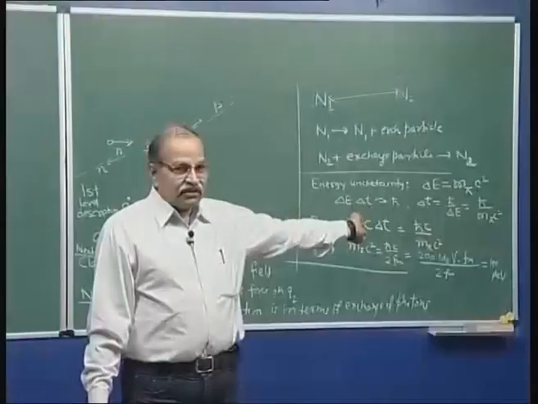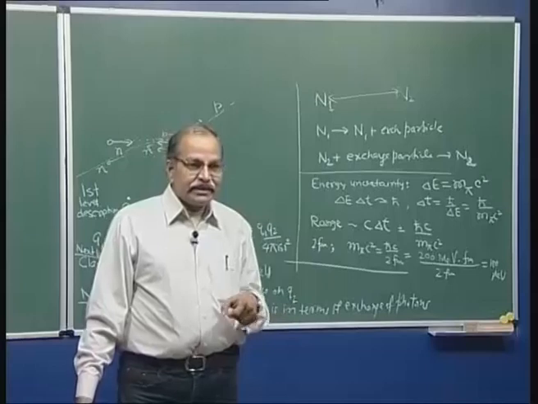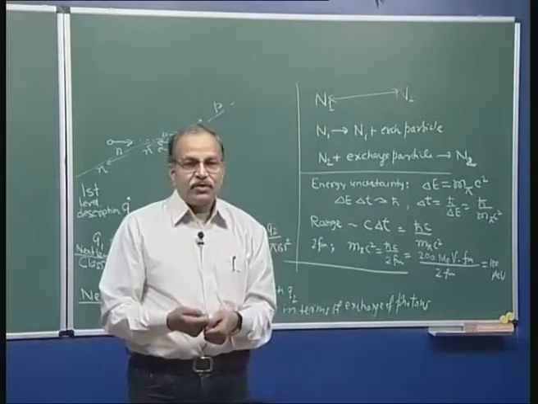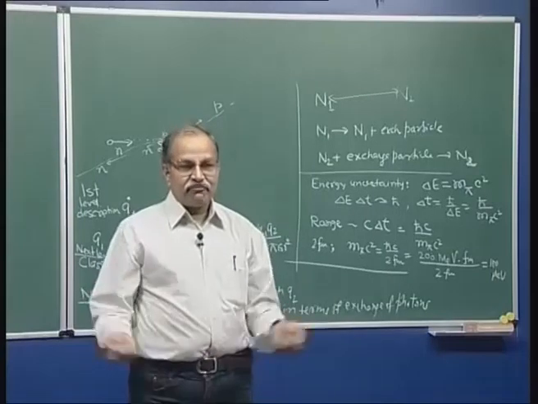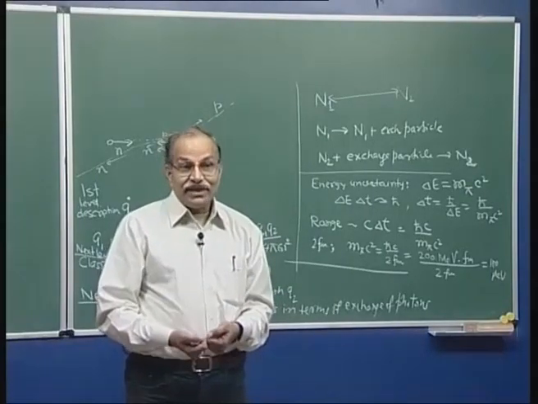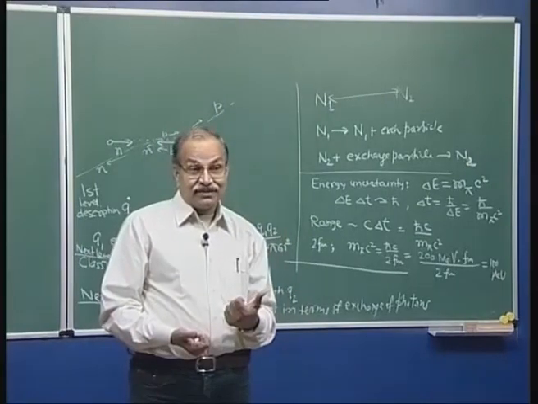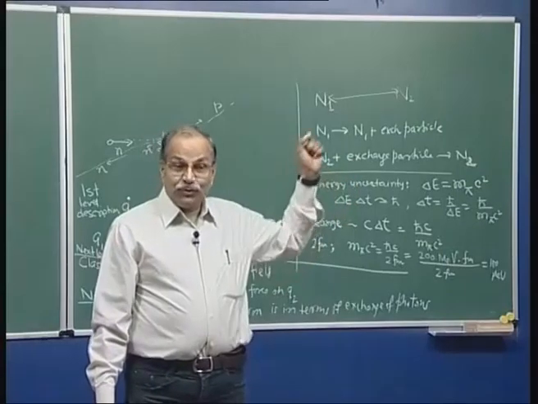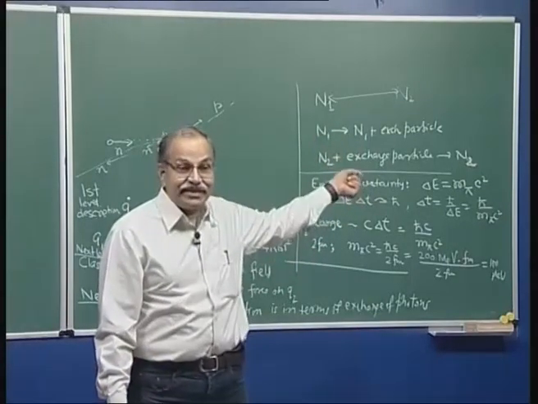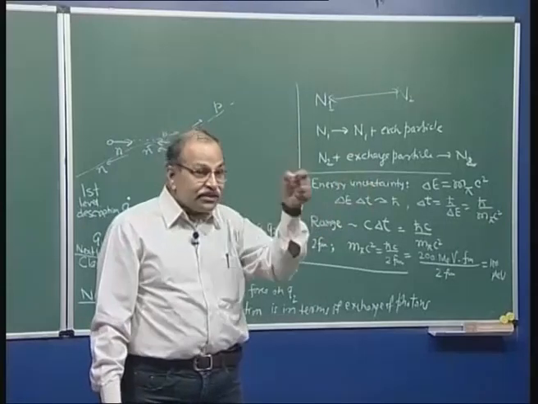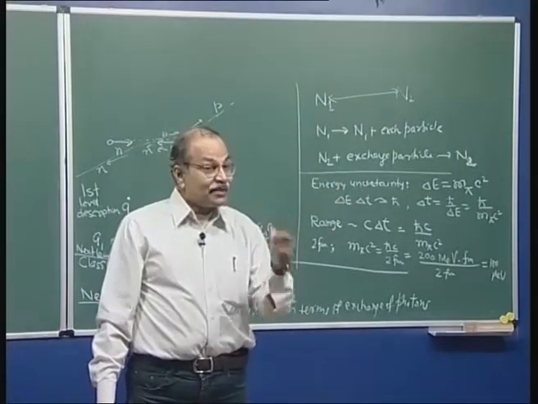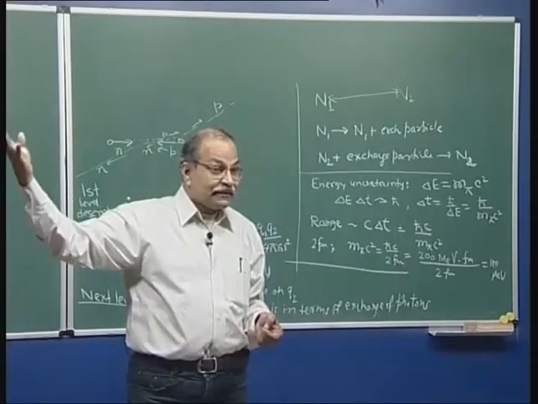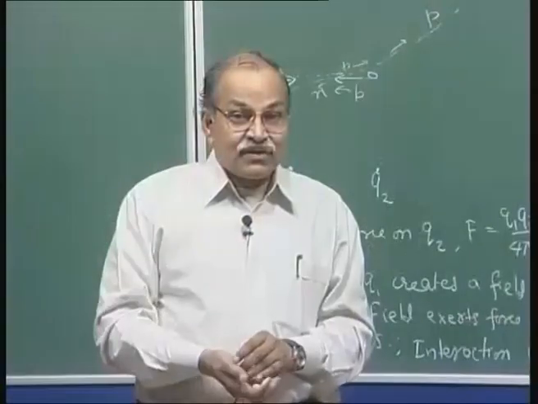Now, these virtual particles are virtual in the sense that they exist only for a very short time and you are not able to observe them in the real world. Otherwise, they are not imaginary as such. If a particle of certain properties is created here and is absorbed here, such a particle with those properties must exist, with all conservation laws and everything, right.